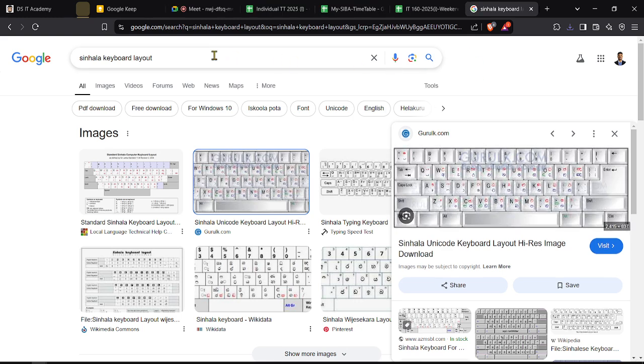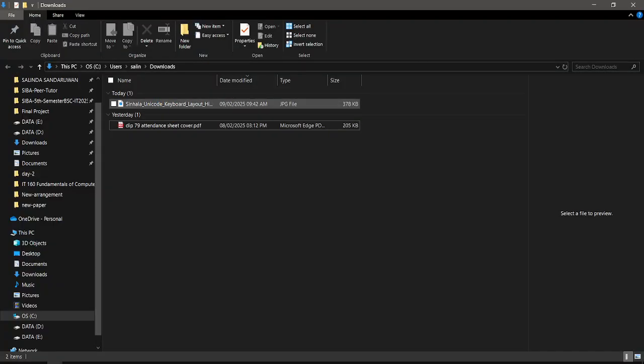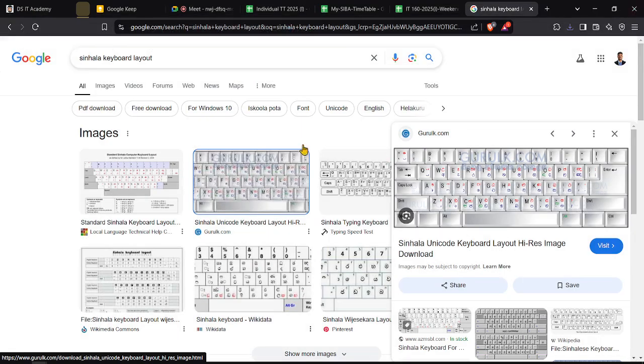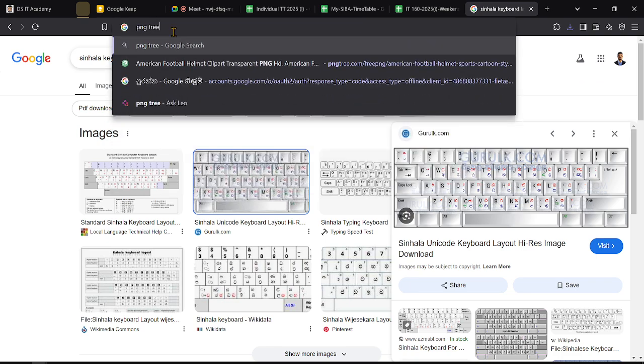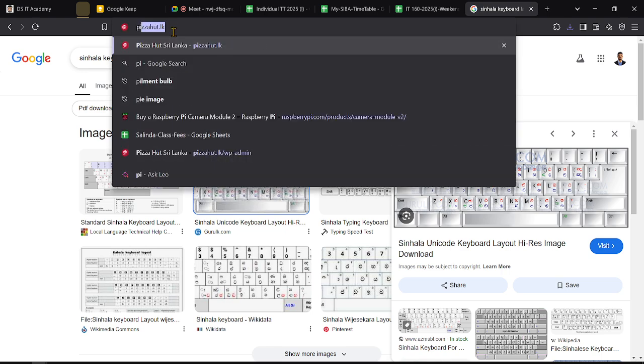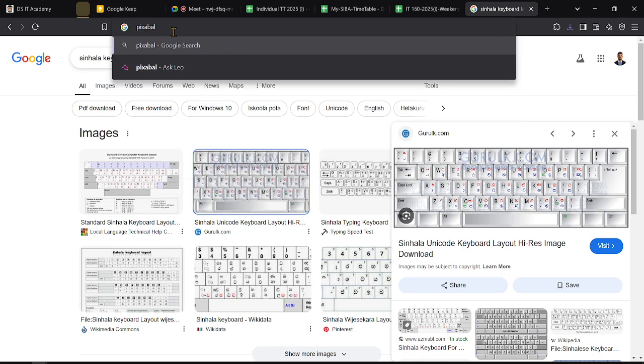I can't fully recommend this, because you should download and check, since sometimes they show the image quality, but when you download and use it, it's not good. Sometimes you should buy premiums. There's a site called PNG Tree, it's okay. And there's one called Pixabay, it's okay.